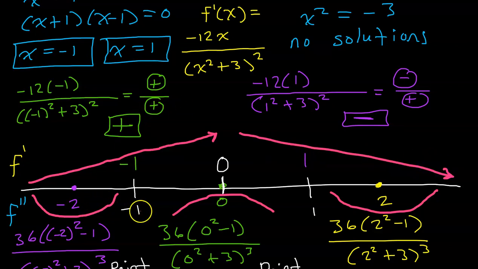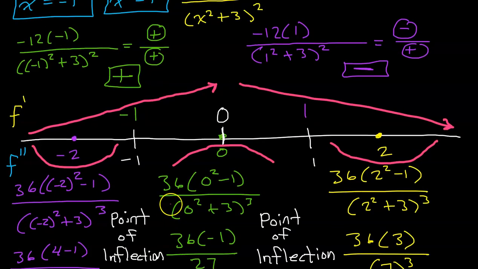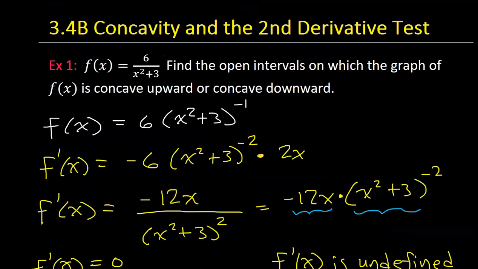So in addition to the points of inflection that we found, we should also be able to find a relative max right here. So there should be a relative max. I'm running out of space down there, so I'm going to evaluate up here.